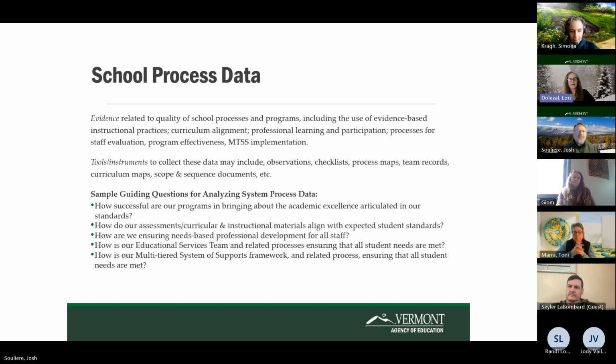School process data describes and assesses the quality of any of your school programs and processes.